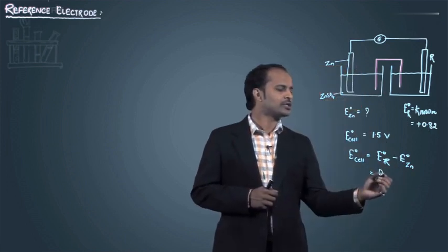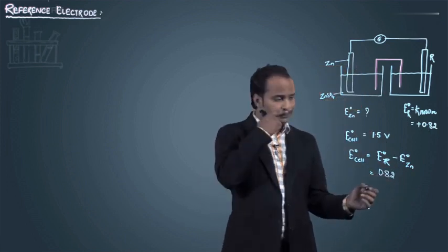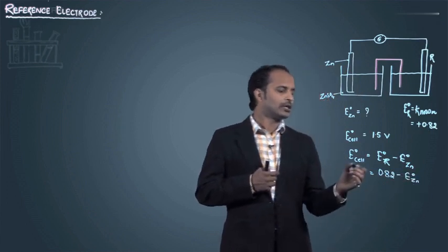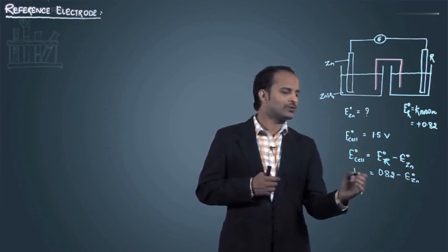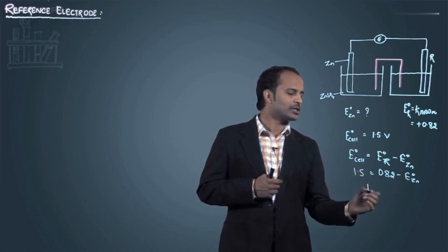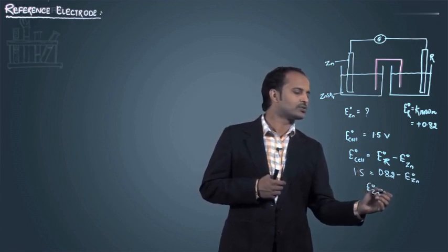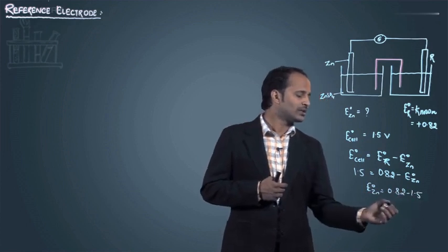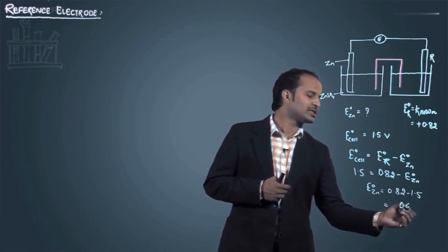So this value is known, 0.82, and the zinc potential is to be determined here. And the E0 of the cell, we got as 1.5 volt. So I can say that E0 of zinc is equal to 0.82 minus 1.5 volt, and this will give you the value 0.68 volt.